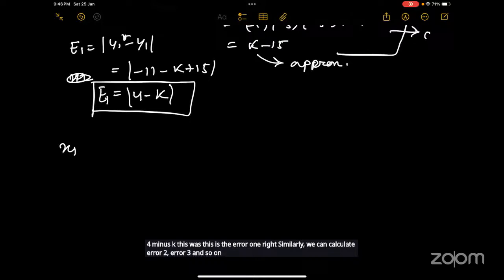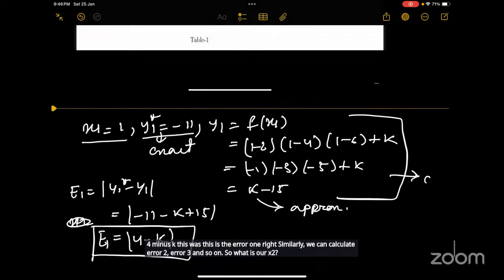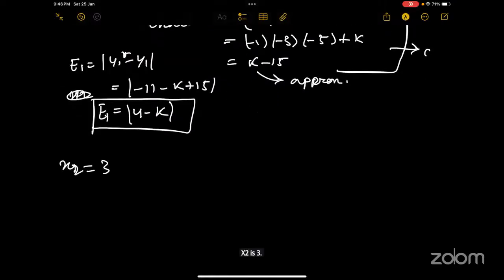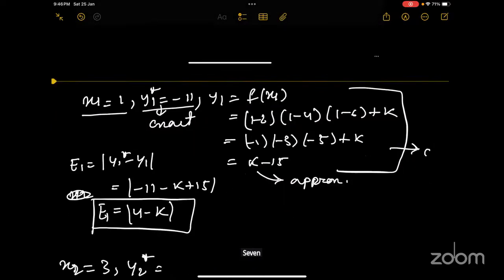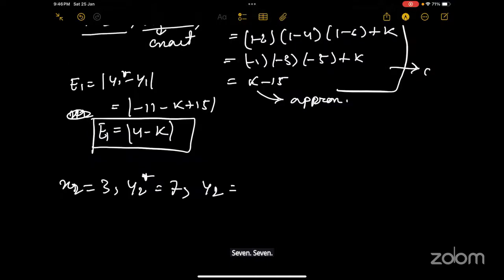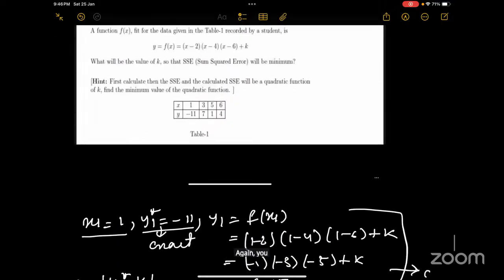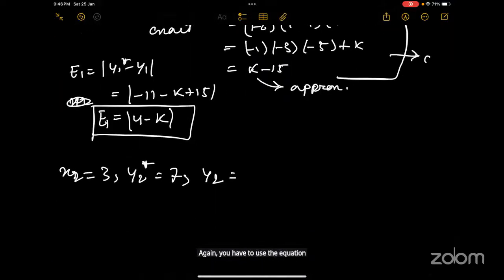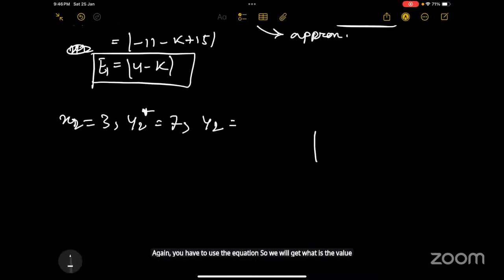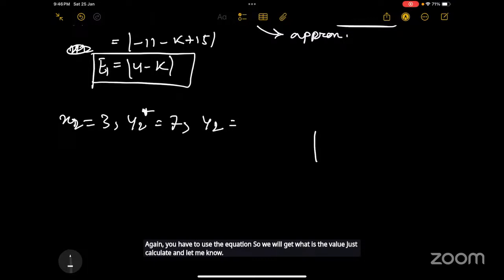So what is our x2? x2 is 3. y2 star is 7. Yeah. And what is y2? Again, you have to use the equation. So we will get, what is the value? Just calculate and let me know.